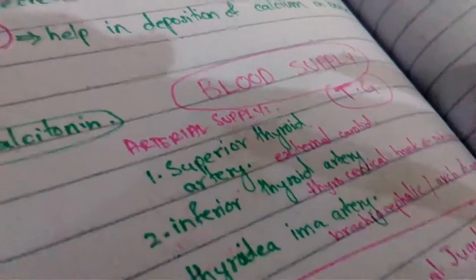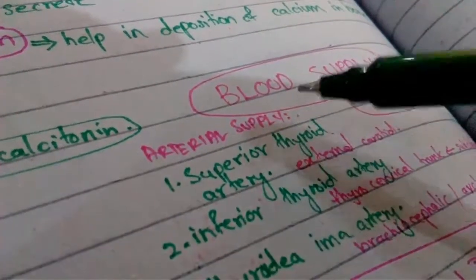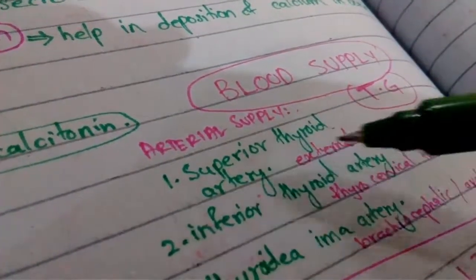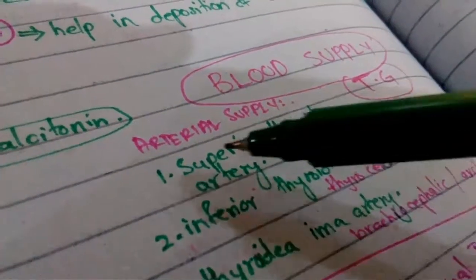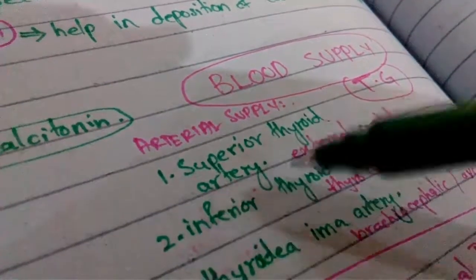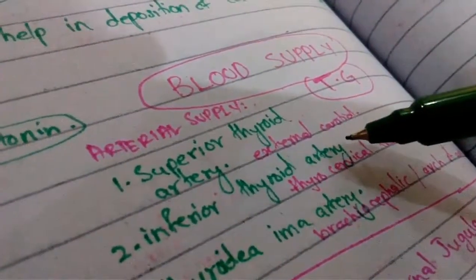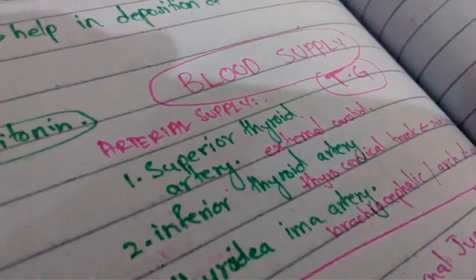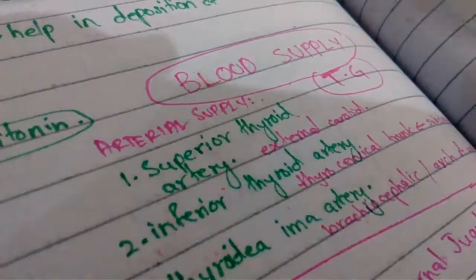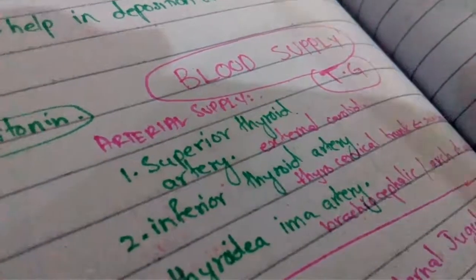And then comes the blood supply of the thyroid gland, which is by the superior thyroid artery, the superior part of the thyroid gland. Superior thyroid artery is a branch of the external carotid artery, and external carotid comes from the common carotid, which again comes from the aorta, which is the largest artery in the body.